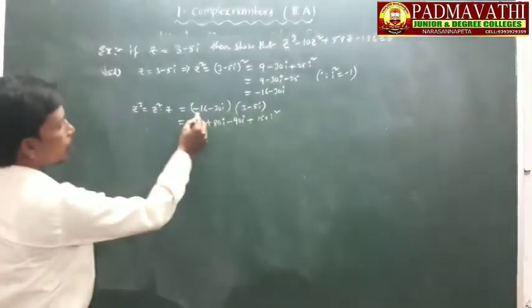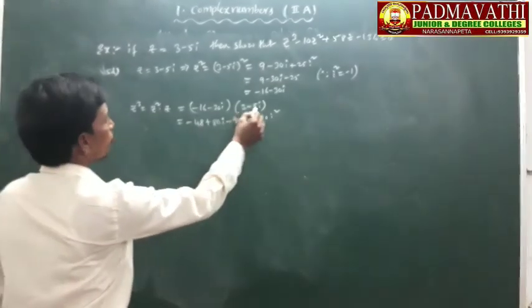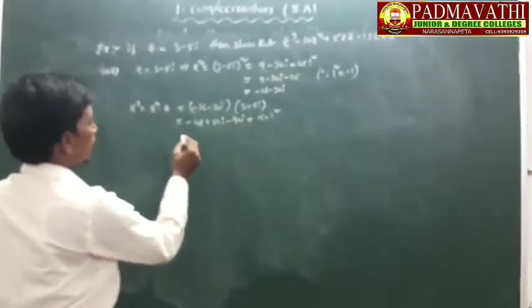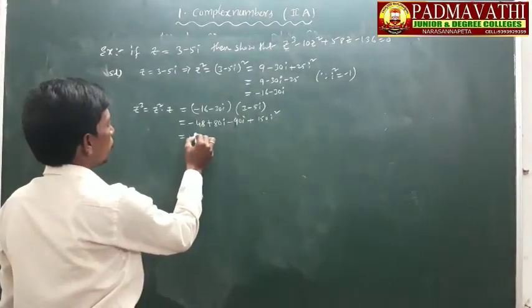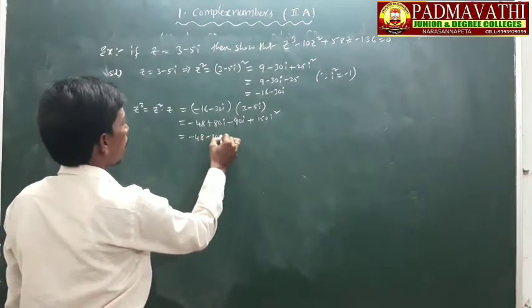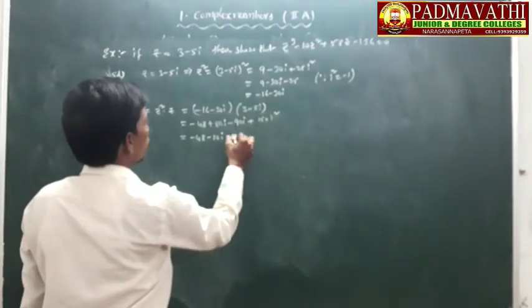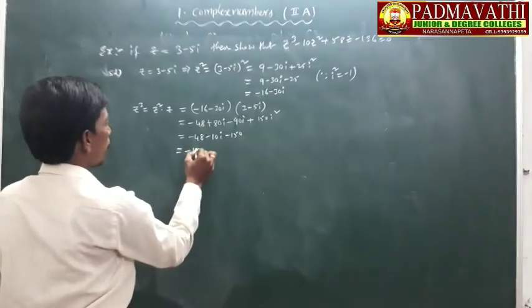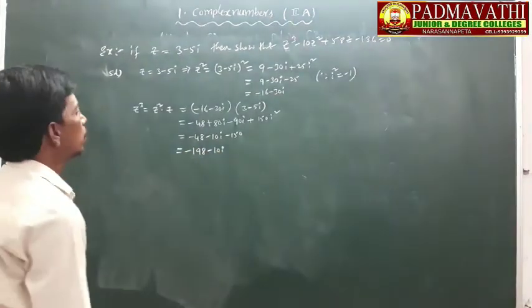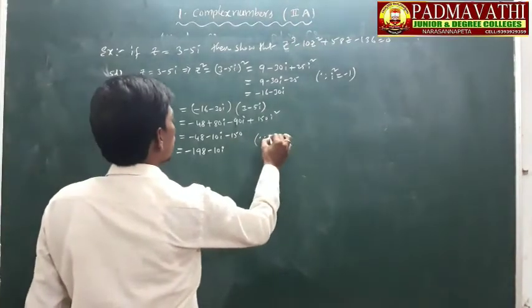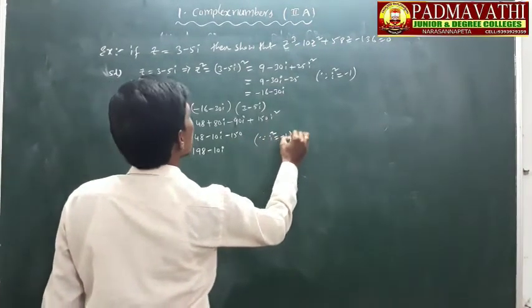Once again, 48 plus 80i minus 90i plus 150i square, minus 48 minus 10i minus 150, that equals minus 198 minus 10i, since i square equals minus 1.